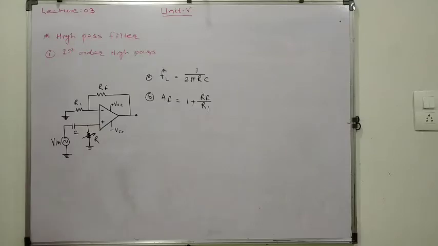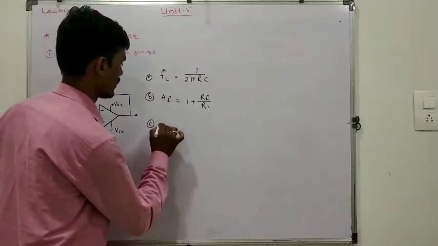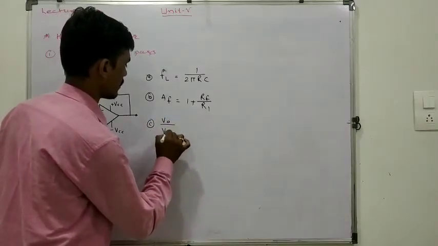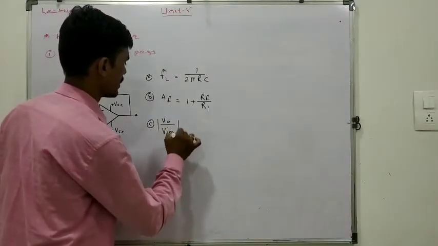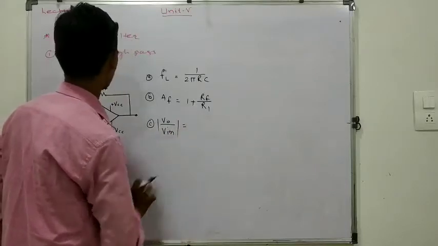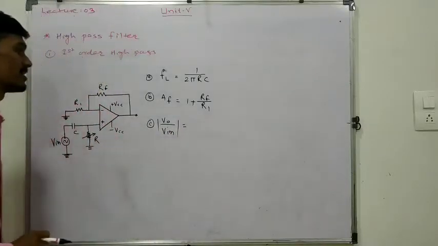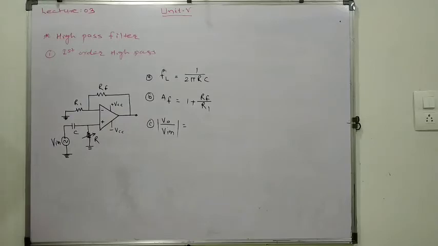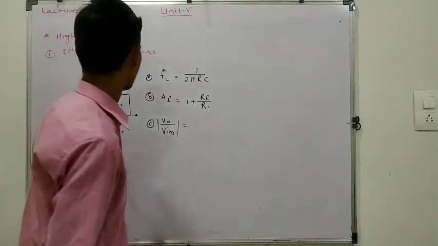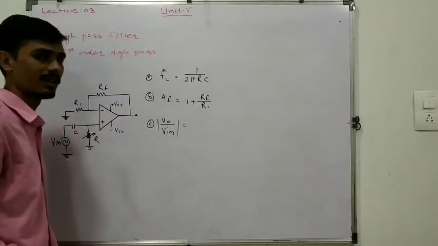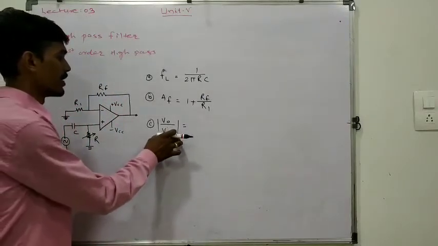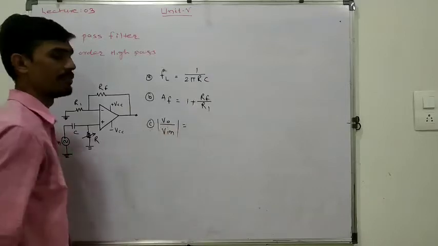Now the transfer function, Vo by Vin, is one of the important terms related to the frequency response. When the problem asks to plot the frequency response of the first order or second order high pass Butterworth filter, we must know the ratio, the transfer function Vo by Vin.